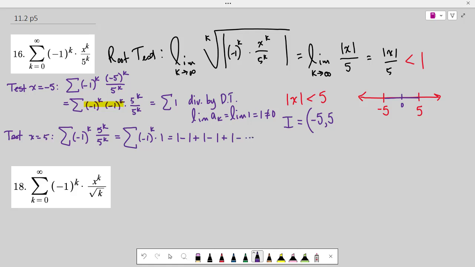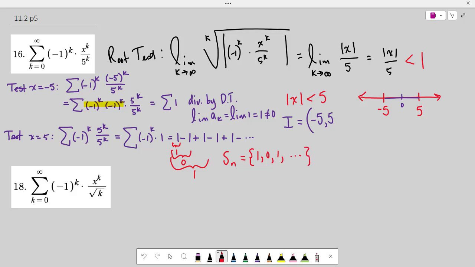The only way a series converges is if the partial sums approach a single number. Let's take a look at the first few partial sums. The first partial sum is 1. The second partial sum is 0. The third partial sum is 1 again. Does this sequence of partial sums approach a single number?